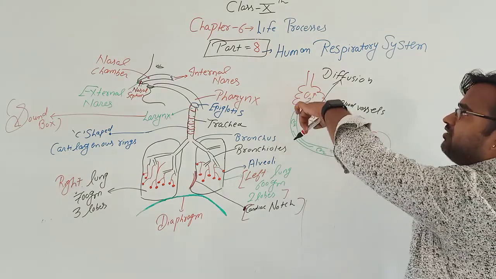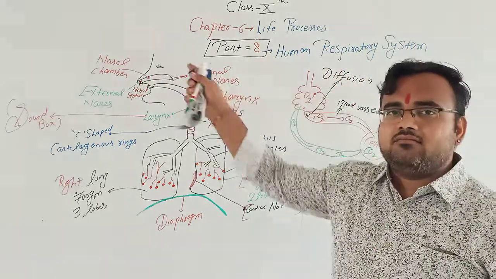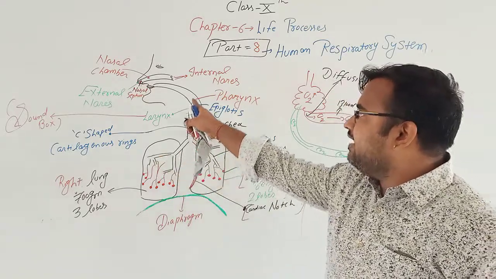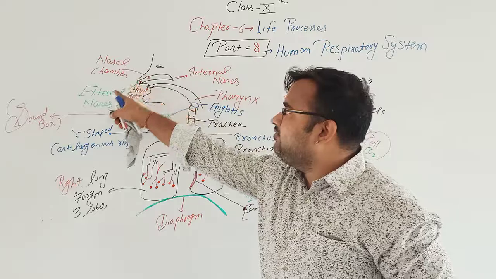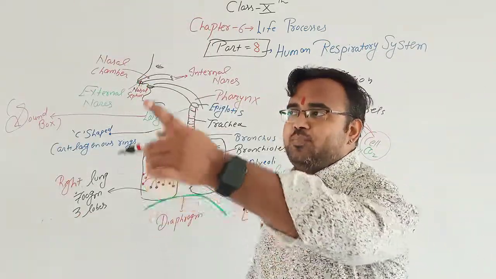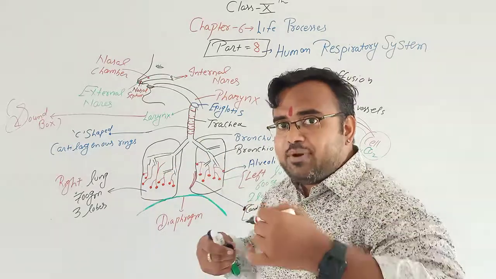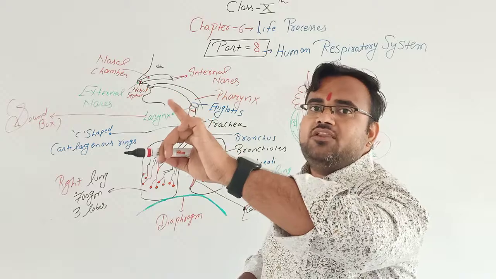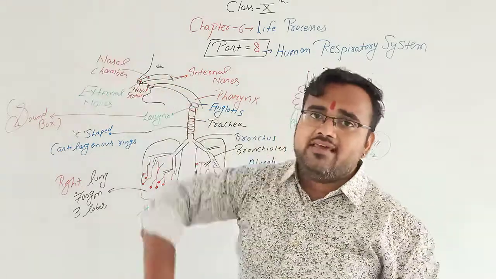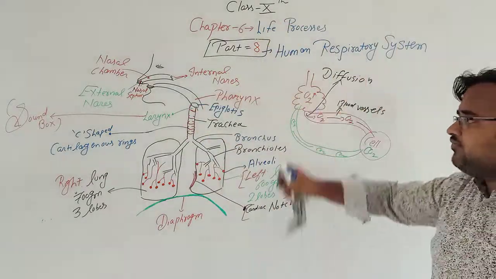The alveoli will transfer the carbon dioxide in a backward direction, and from the internal nostrils it will come out and be released into the environment. This way oxygen is supplied to all cells of the body, and carbon dioxide is released out by the process of diffusion.